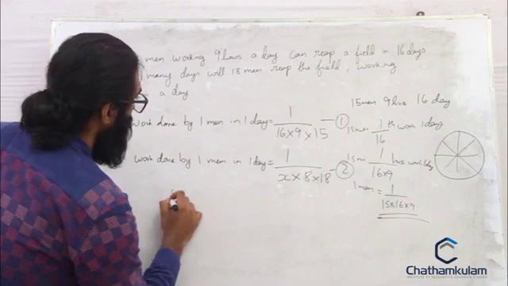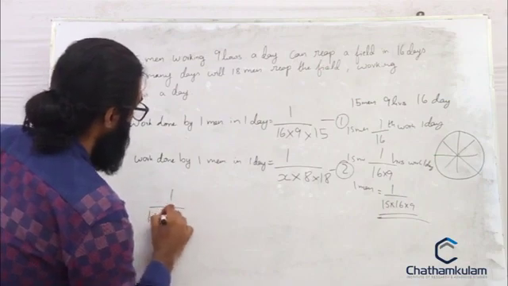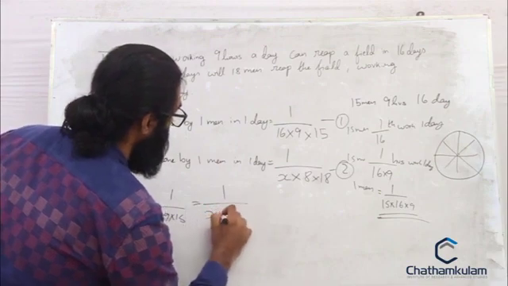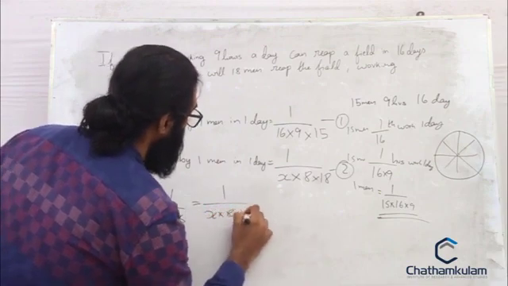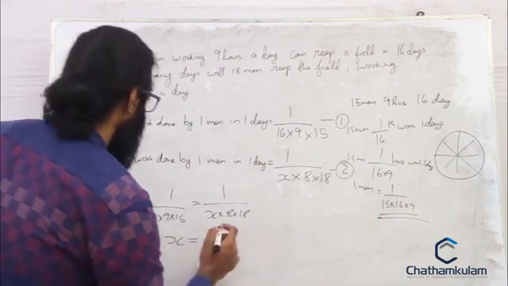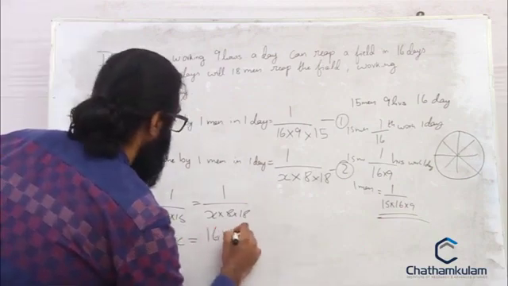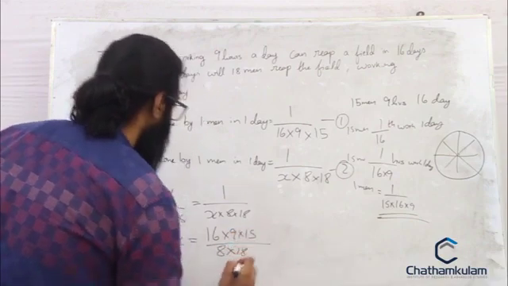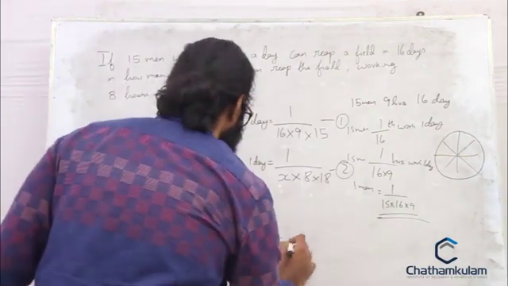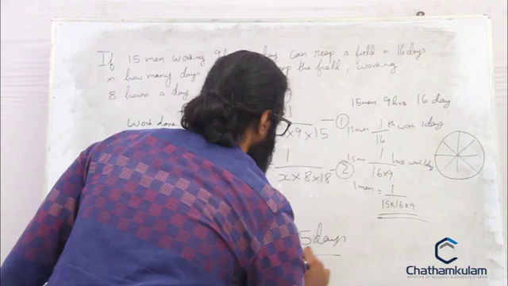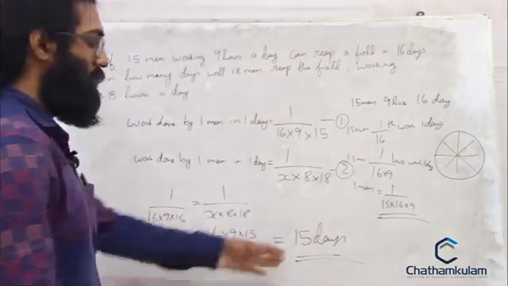So we get 1 by 16 into 9 into 15 is equal to 1 by x into 8 into 18. So by solving, x equals 16 into 9 into 15 divided by 8 into 18. So we get the answer as 15 days. So the answer is 15 days.